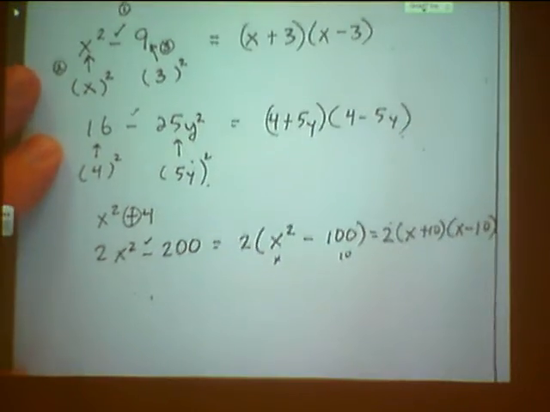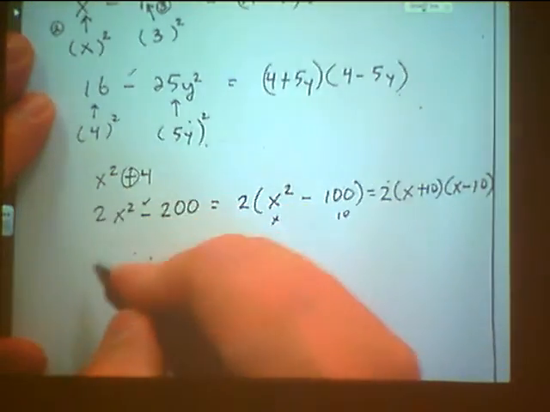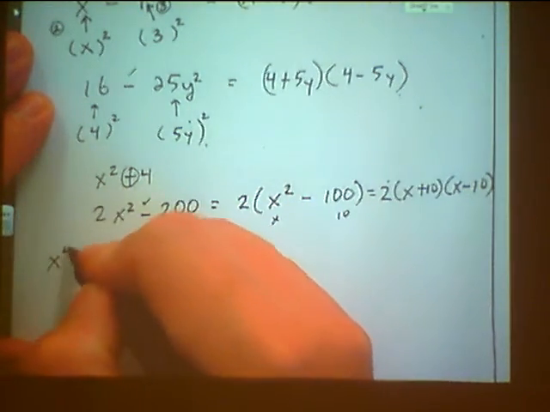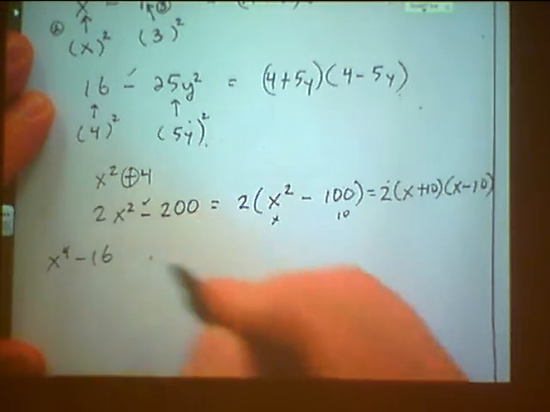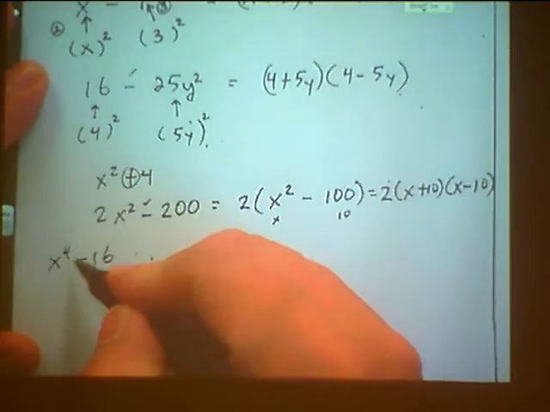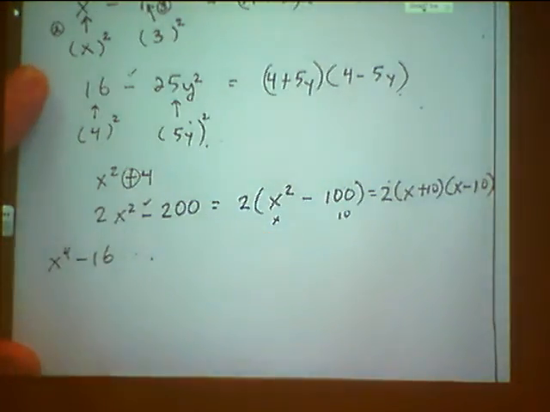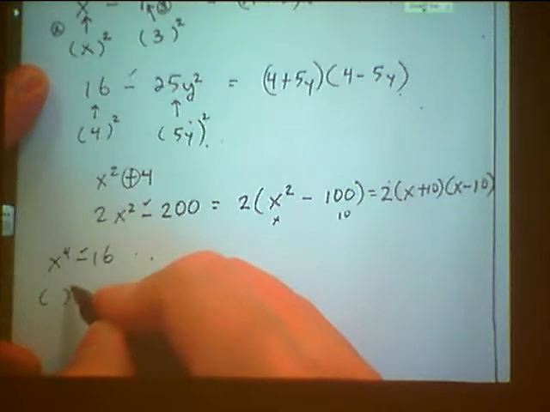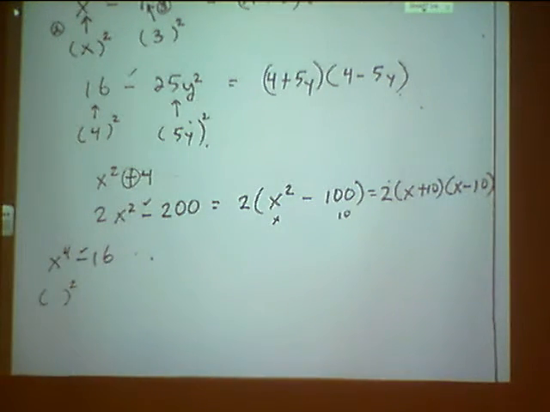And then the very last one, x to the 4th minus 16. Is there a GCF? No, there is not. How many terms? There are 2 terms. Let's try difference of squares. Turns out, first of all, I've got a minus. Now, can I square something and have it equal x to the 4th?